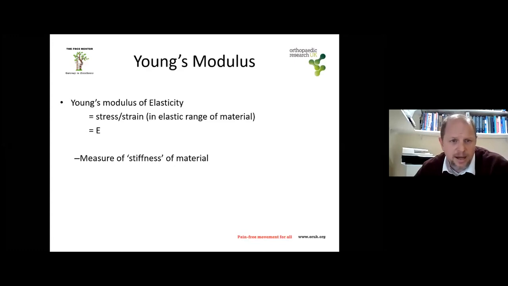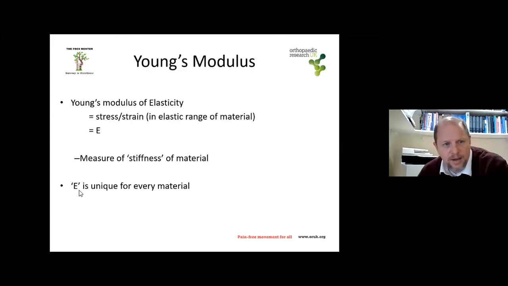And the Young's modulus, which I'll show you on the graph in a second, is a measure of stiffness of a material. And quite often there are questions about stiffness of a material because it does have a relation to the effects within a system, like, for instance, stress shielding and things like that. So we'll talk about that in a second as well.